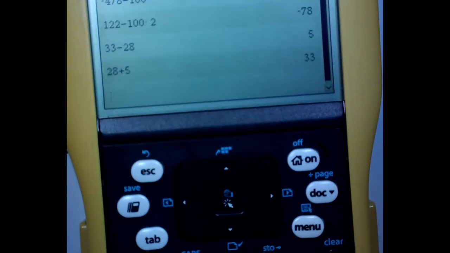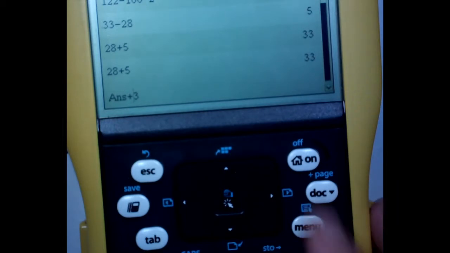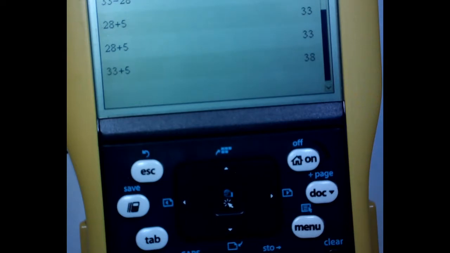That gives me 33. If I add 5 to that, whoops, I got to do add 5 every time. So if I add 5, I'll get 38. Add 5 again, I'll get 43. Add 5 to that, I get 48. Add 5 to that, I'll get 53, 58, and then 63.